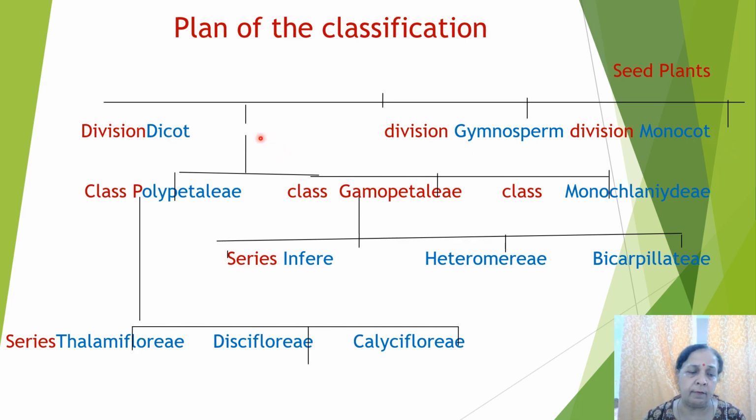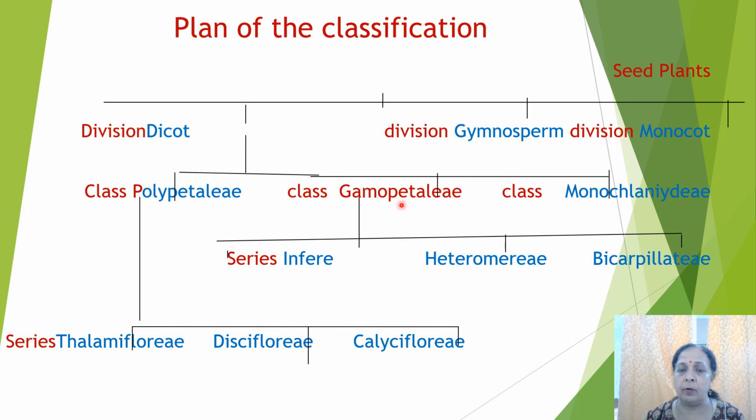Again, they classified the division dicotyledons on the basis of the nature of corolla or petals into three classes: polypetalae, gamopetalae and monochlamydeae. Polypetalae means where the corolla shows free petals.